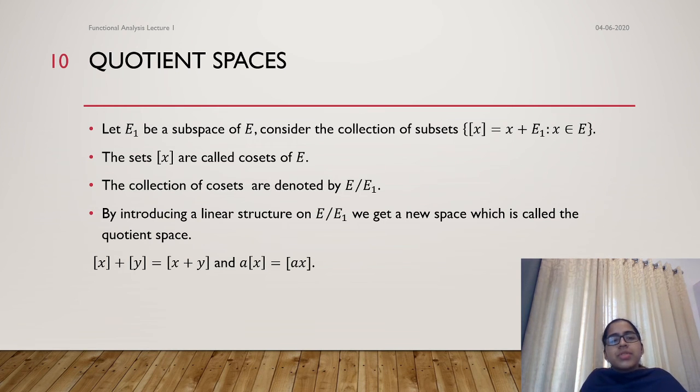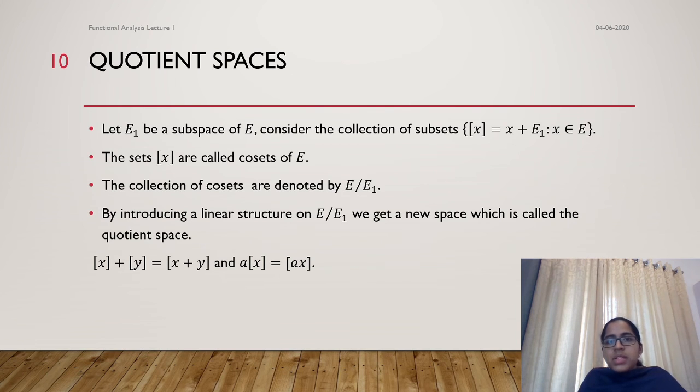Next we'll come to the definition of quotient spaces. Before defining quotient space, we have to define what a coset is. So let E1 be a subspace of E. We will consider the collection of subsets [x] equal to x plus E1 where x belongs to E. All such sets [x] are called cosets of E1.